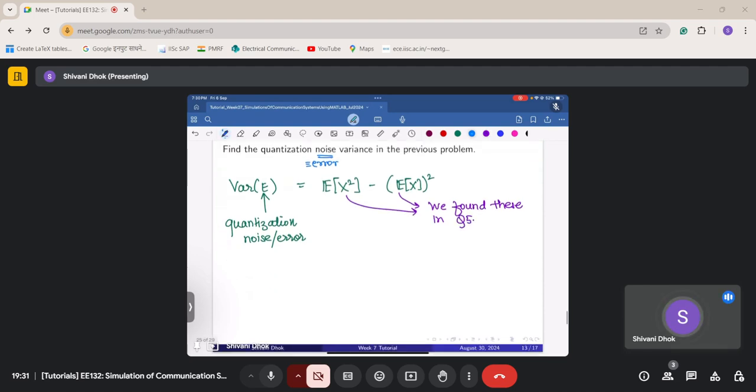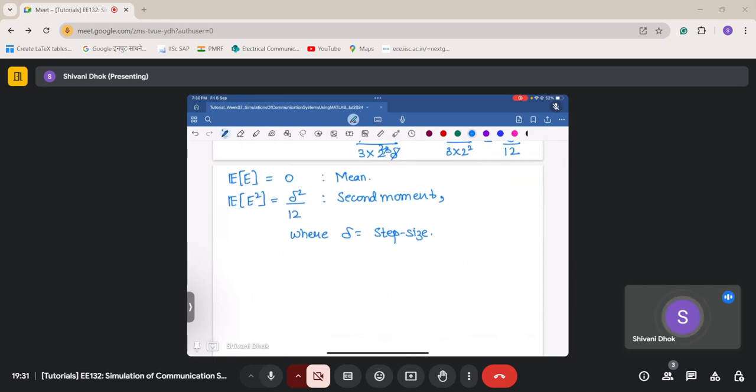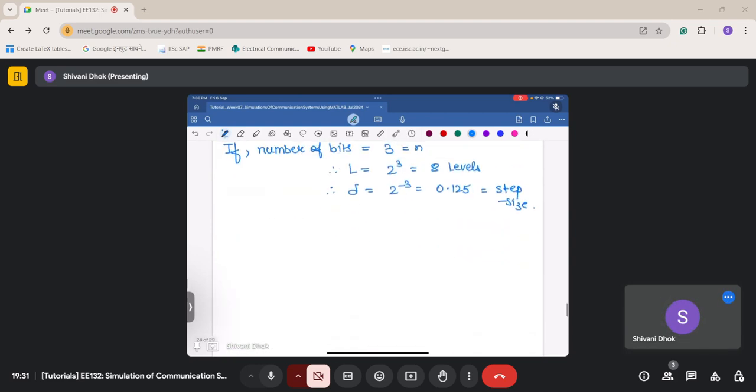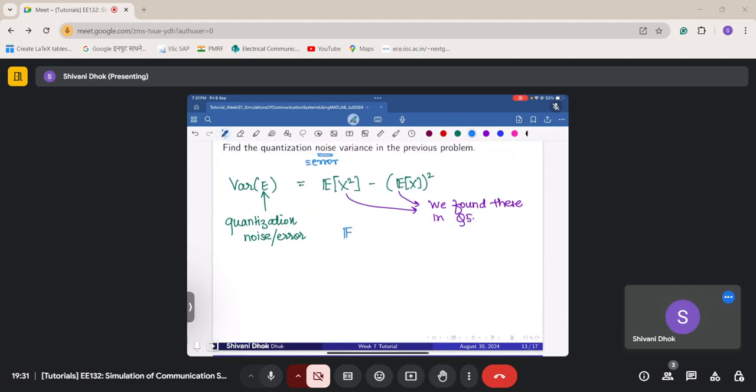If you refer to question 5, expectation of E was equal to 0.